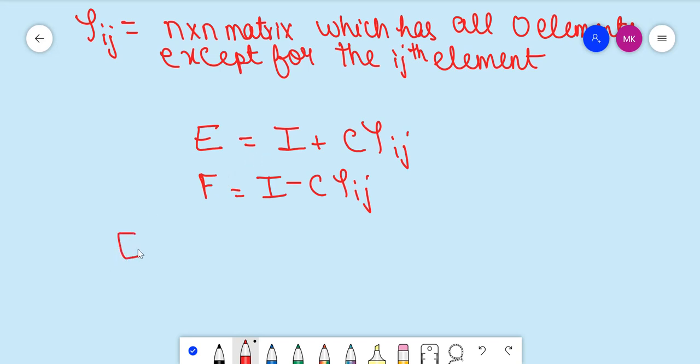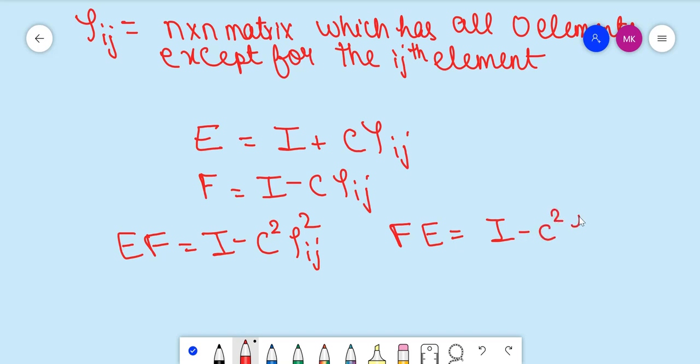So if you multiply E and F, what you would get is I into I square, which is again I. You would get terms of I minus c row ij and I plus c row ij, which would cancel to give a 0, and you would get this minus c square row ij square. Similarly, if you had computed FE, it would have also come out to be the same.